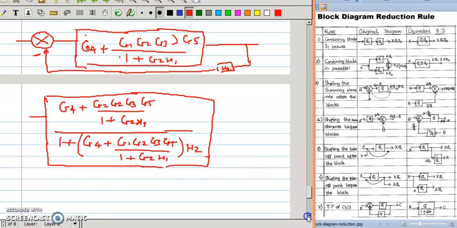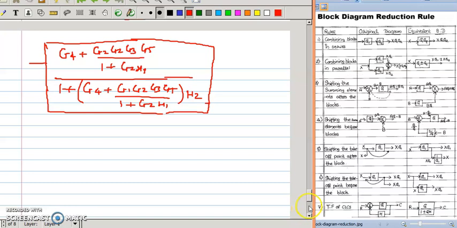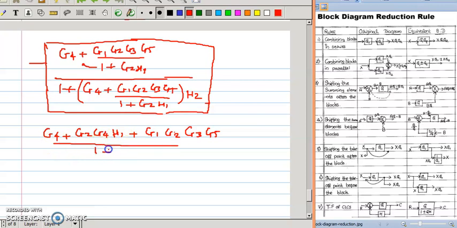Okay, so it becomes a single block, but it looks very complicated. Just try to reduce it. It is the easiest step, the easiest formula to reduce it. The simple one, just cross multiply in the numerator. When we cross multiply here, it becomes G4 plus G2 G4 H1 plus G1 G2 G3 G5, whole divided by 1 plus G2 H1, whole divided by, in the denominator, what to do?